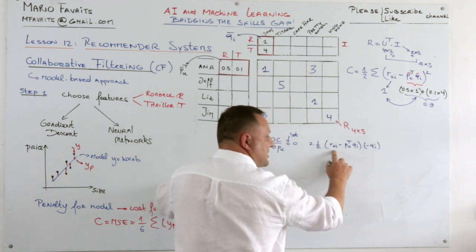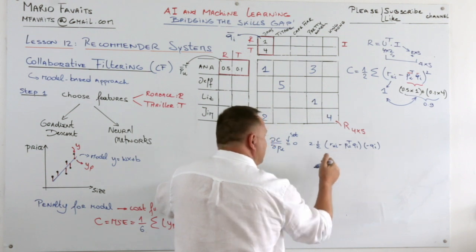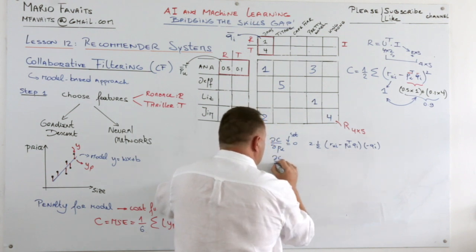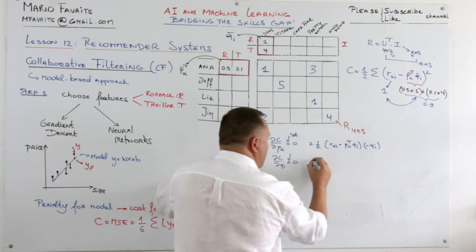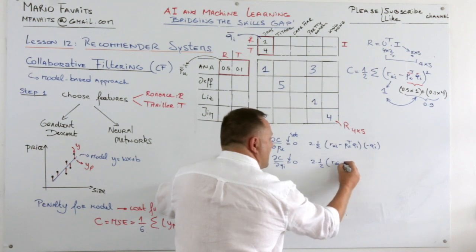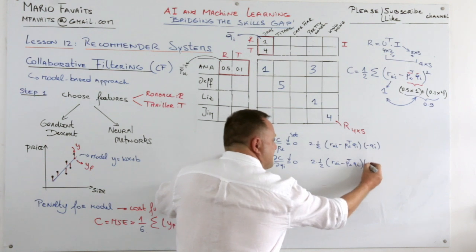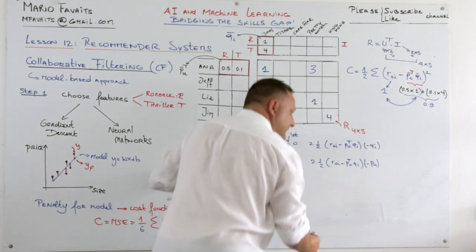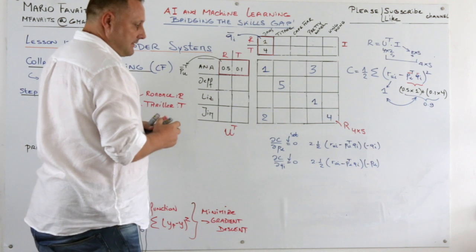Yeah, because this is a chain rule, I still need to take the derivative here, and the derivative with respect to QI is basically the same, RUI minus PU QI transpose times minus PU in this case. Okay?